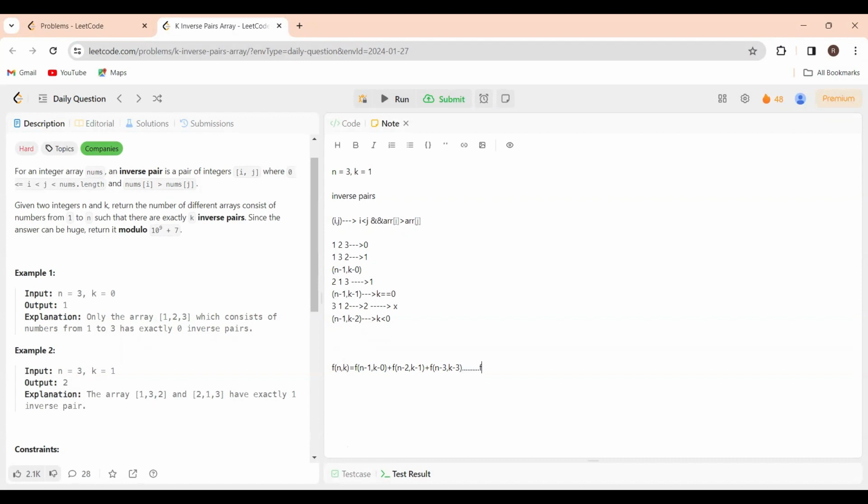It will come down to 0 elements. Until it goes to 0 elements, we need to consider this function.